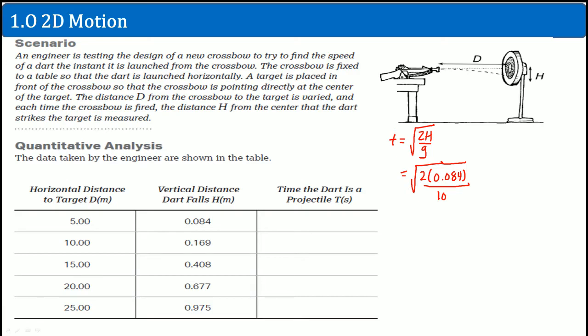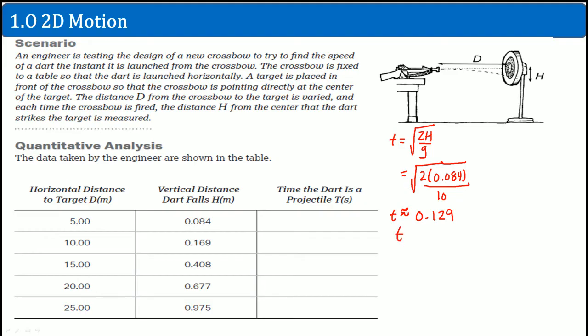The square root of 2 times 0.084, 2 times 0.084 divided by 10. Let's see if this is what I got. Okay, I got t equals approximately 0.129.